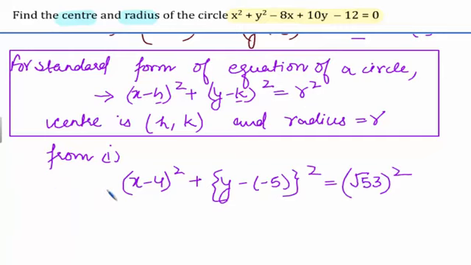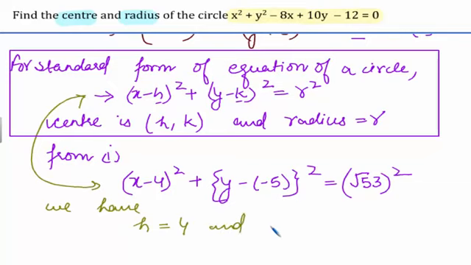Now on comparing these two equations, we see that h is equal to 4 and k is equal to minus 5 and r is equal to square root of 53.